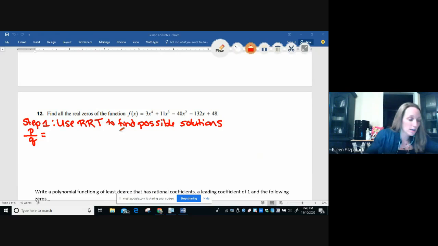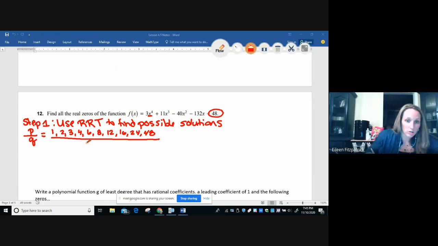Well, the constant is 48, so the factors of 48 are 1, 2, 3, 4, 6, 8, 12, 16, 24, and 48. Those are all the factors of 48. And then over the factors of the lead coefficient, which is 3. So that's easy, 1 and 3.